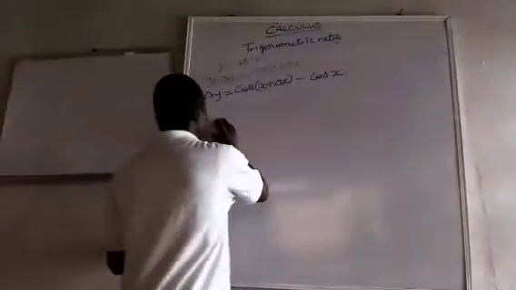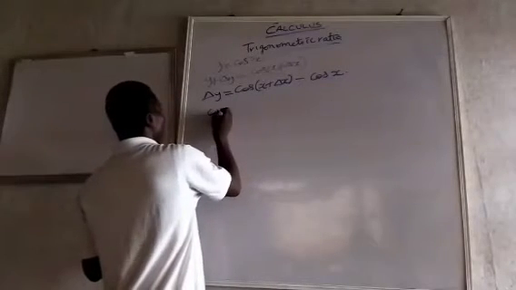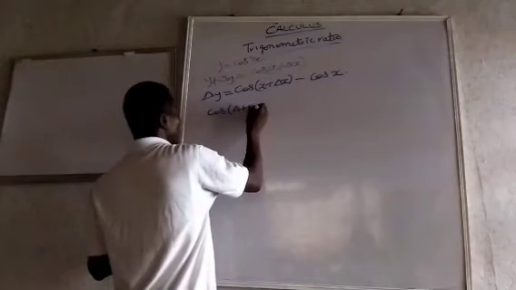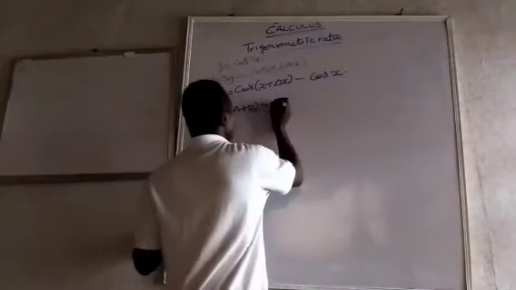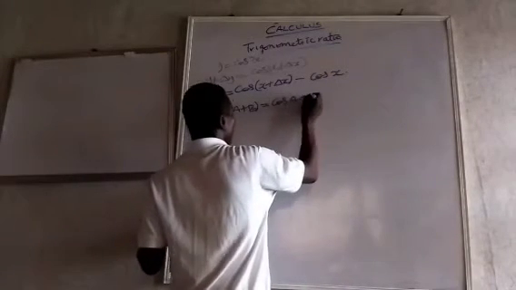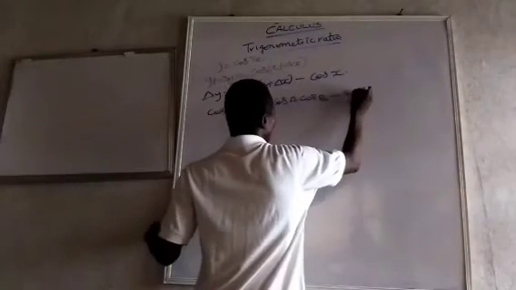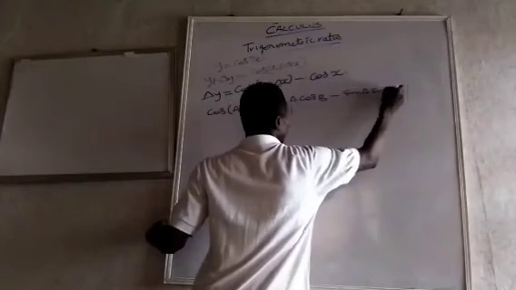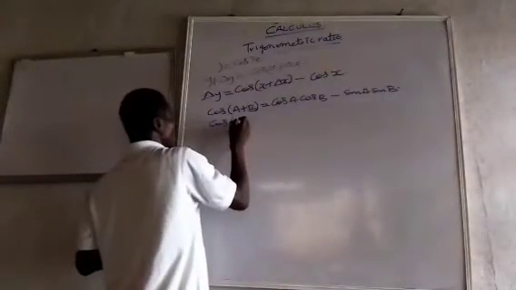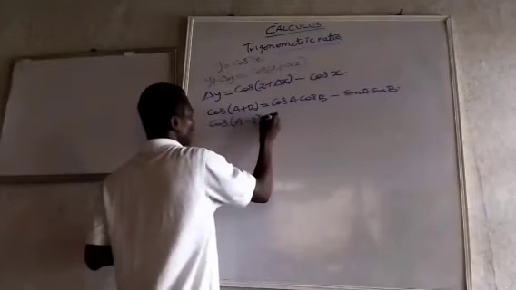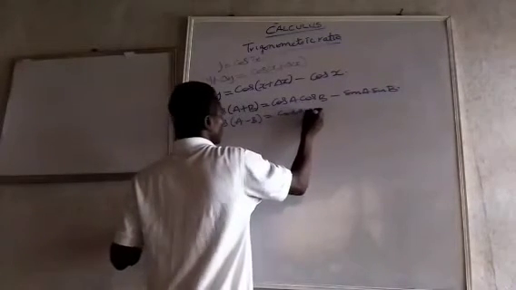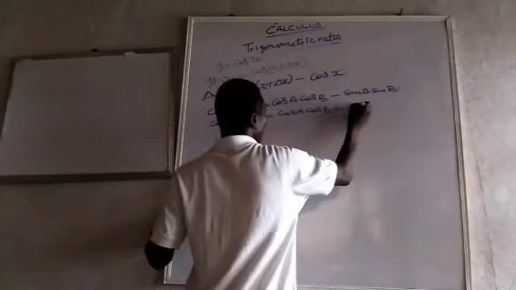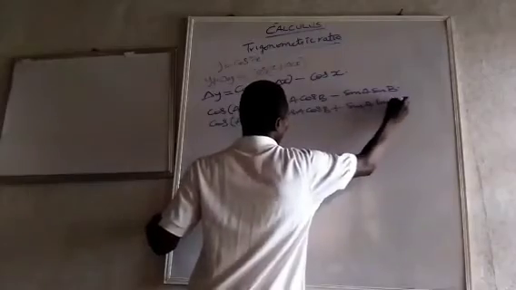And there is a standard result for this, just like that of sine. Okay, maybe I can just try to get it. Let's say cos(a plus b) is equal to cos a cos b minus sine a sine b. Cos(a minus b) is equal to cos a cos b plus sine a sine b.